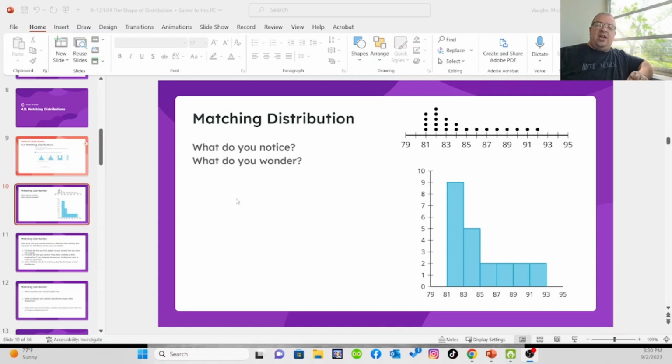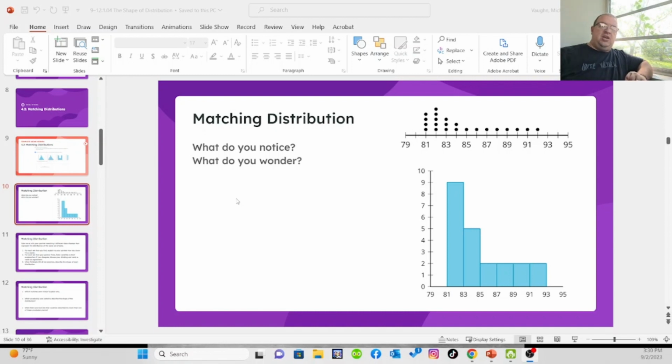Okay, so hopefully as you were working in your groups, you kind of looked at each of these pairings and you thought, what do I notice and what do I wonder?